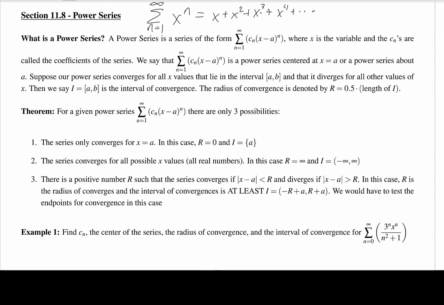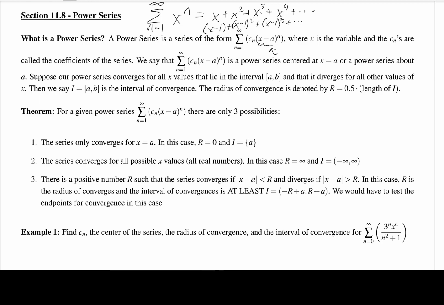Now we can make this a little bit different by what we call centering the power series somewhere else. So if instead I wanted to change all of these to x minus 1, x minus 1 squared, x minus 1 cubed, and so on, then I would just make this a here equal to 1.